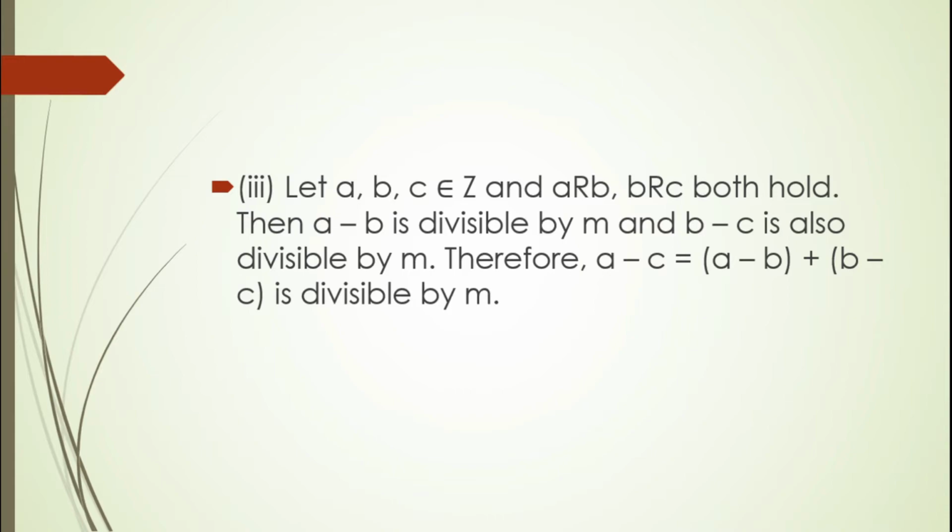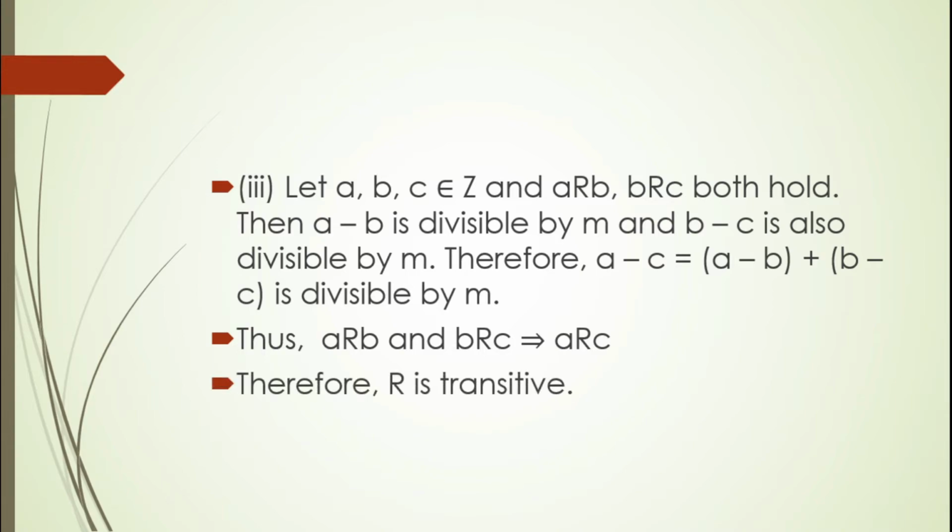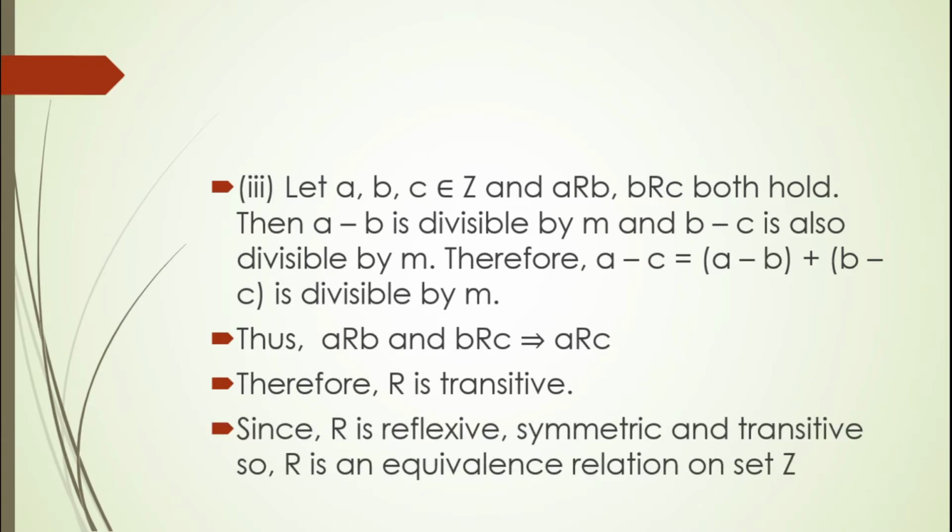Then A minus B is divisible by M, and B minus C is also divisible by M. Therefore, A minus C, which equals (A minus B) plus (B minus C), is also divisible by M. Thus, A R B and B R C implies A R C. Therefore, R is transitive. Since R is reflexive, symmetric, and transitive, R is an equivalence relation on set Z.